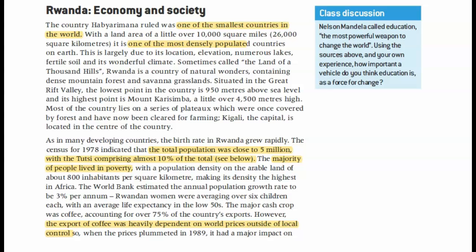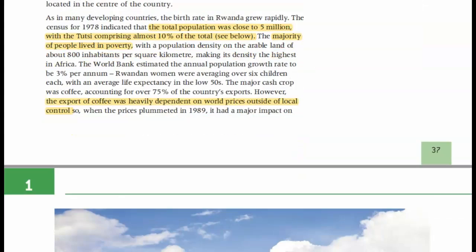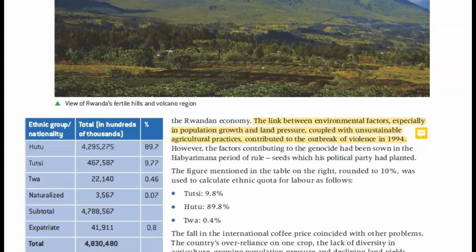So when the coffee prices fall, this is going to cause major problems within Rwanda because they're not making any money. The link between the environmental factors of Rwanda, the population growth and land pressure, coupled with unsustainable agricultural practices, are going to really contribute to the outbreak of violence in '94.